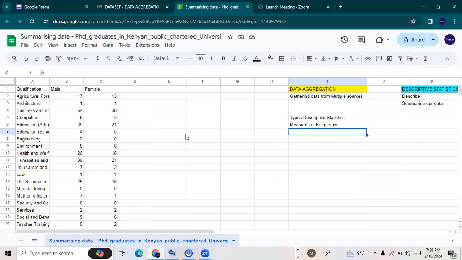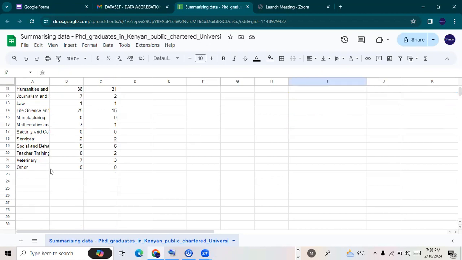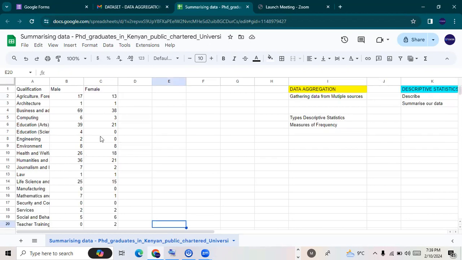Now, the moment we are able to access the data, like we have here, a data set with 3 columns and 22 rows, where was this data gathered from? We got this data from our file directory, from our local machine.